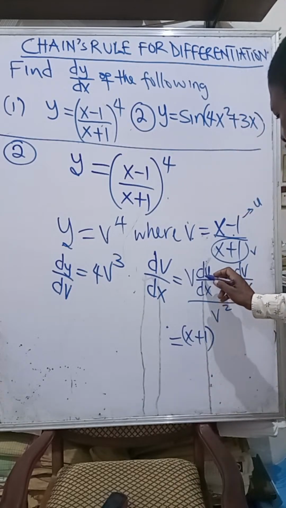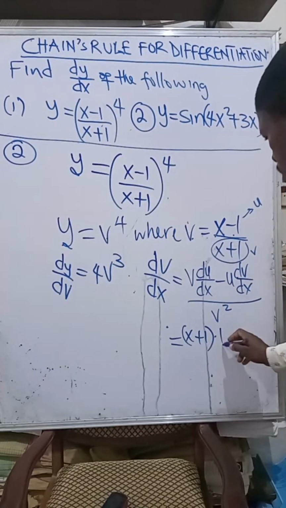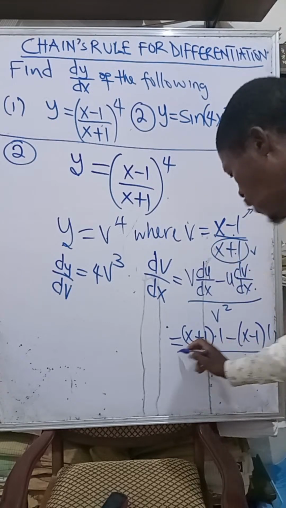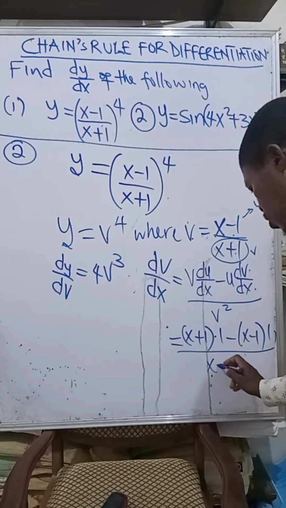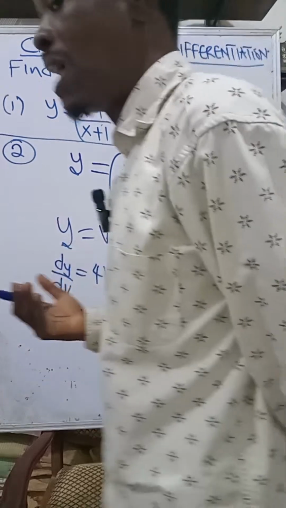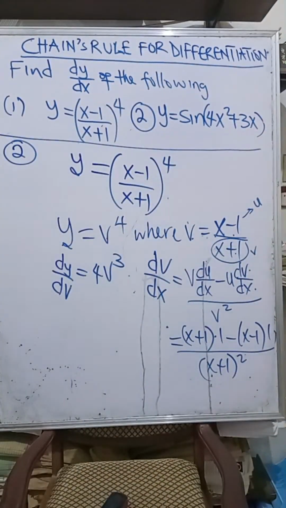The derivative of the numerator is 1, that's my du/dx. Then minus my u, which is x minus 1, times dv/dx. The derivative of the denominator is also 1, over the denominator squared. We don't bother to expand the denominator. Just leave it that way.